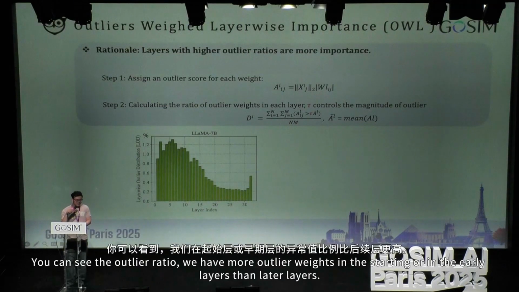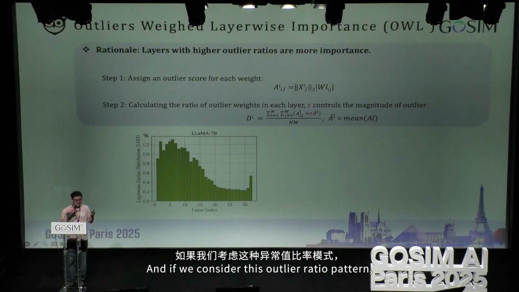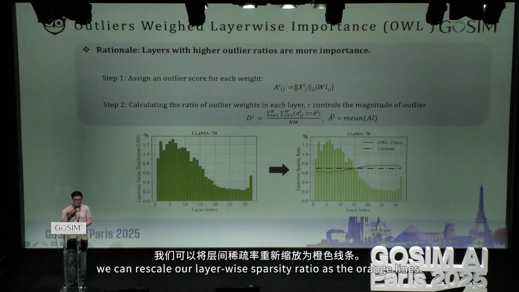You can see the outlier ratio: we have more outlier weights in the early layers than in later layers. If we consider this outlier ratio pattern, we can rescale our layer-wise sparsity ratio as the orange lines.